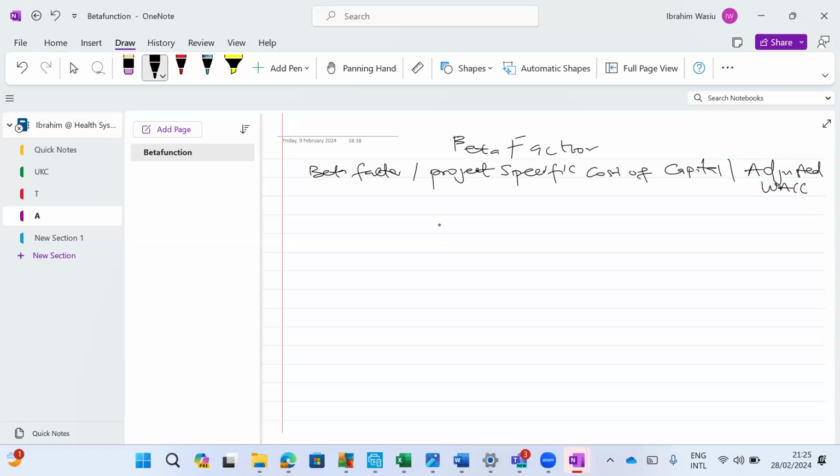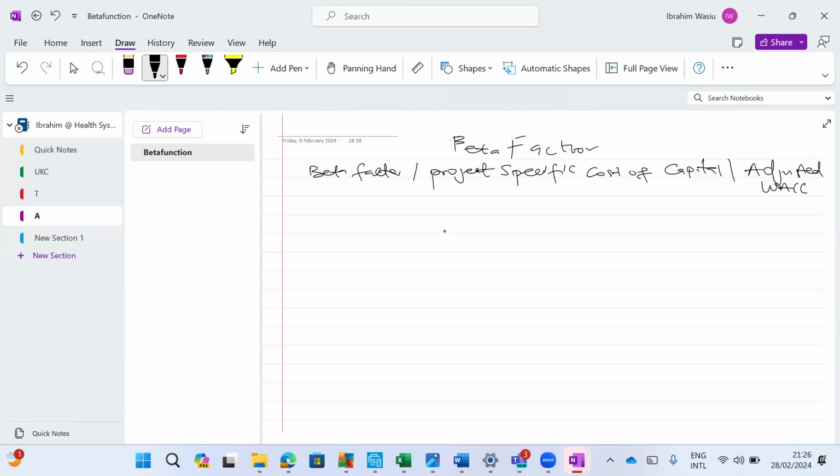So what we're saying is this: the situation whereby we calculate adjusted WACC or beta factor or project specific cost of capital is when any of the assumptions for calculating WACC is being violated.